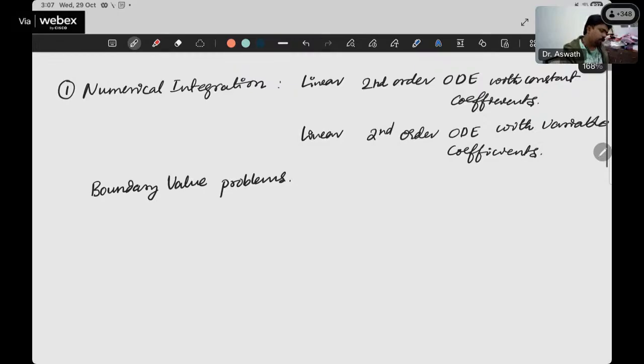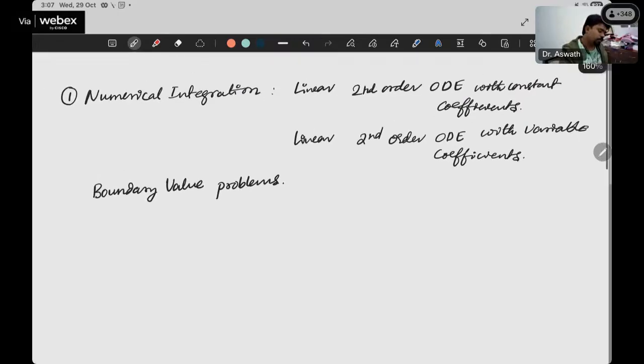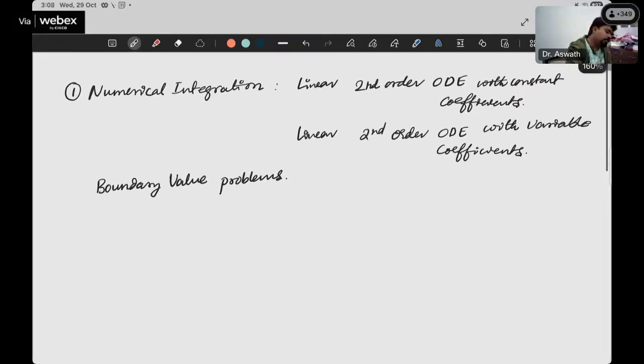Under numerical integration, we're supposed to discuss linear second order ordinary differential equations with constant coefficients. That is one type. The other type is again linear second order ordinary differential equations with variable coefficients.